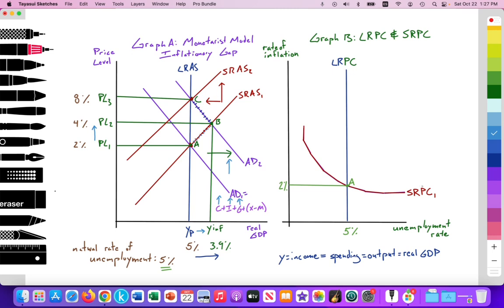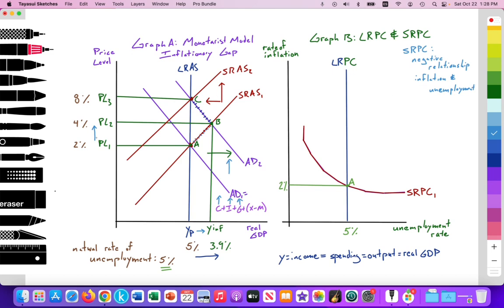So the short-run Phillips curve is illustrating that there is a trade-off or a negative relationship between the rate of inflation and the rate of unemployment, that they move in opposite directions.